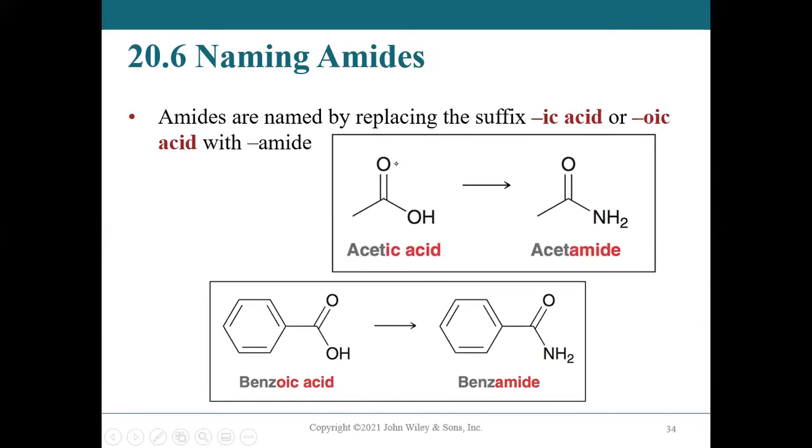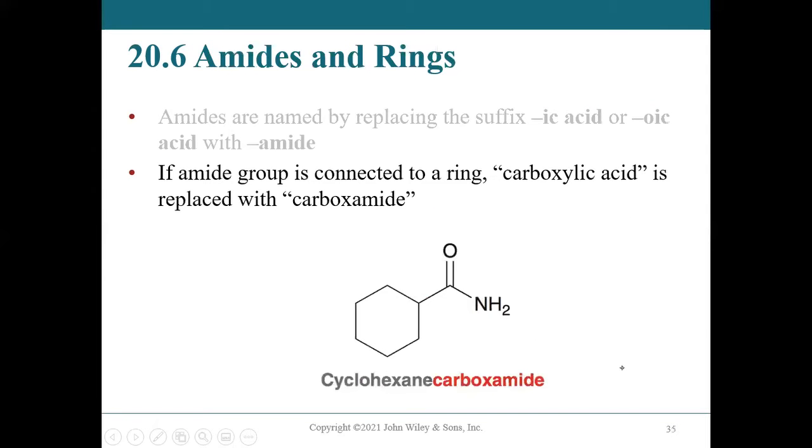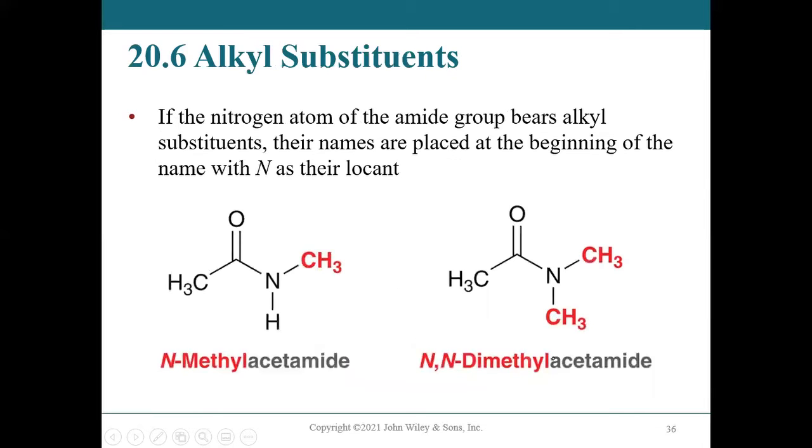Amides are named by replacing the suffix -ic acid or -oic acid with amide: acetic acid, acetamide; benzoic acid, benzamide. If the amide group is connected to a ring, carboxylic acid is replaced by carboxamide: cyclohexane carboxamide.